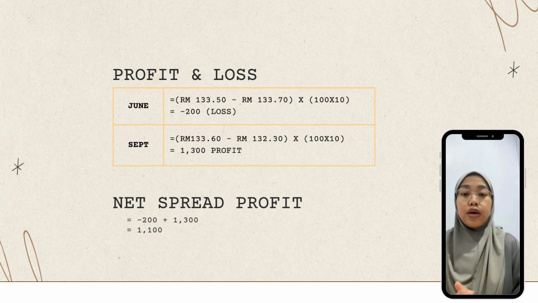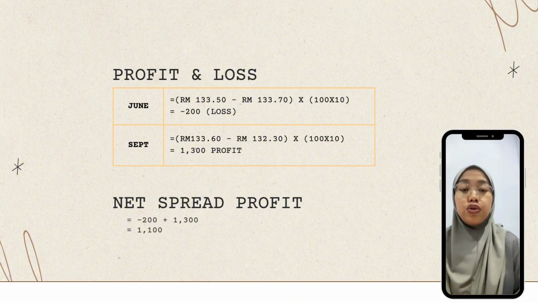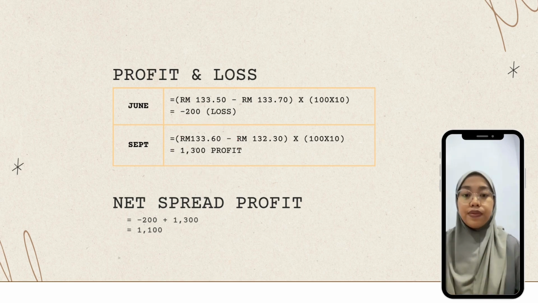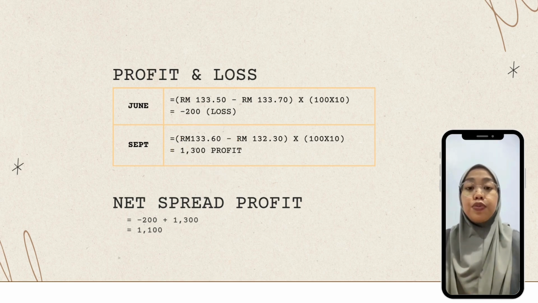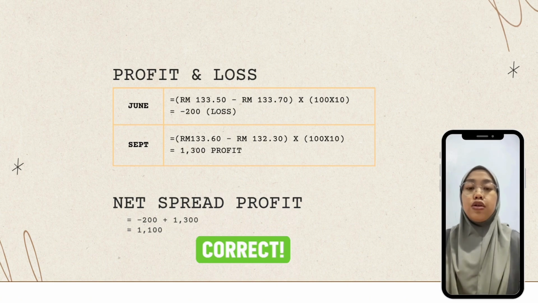That's why the fall in September's price actually gave him a profit. So the calculation is (133.60 minus 132.30) times (100 times 10), resulting in 1300 in profit. So, lastly, for the net spread profit, it is minus 200 plus 1300, resulting in 1100.